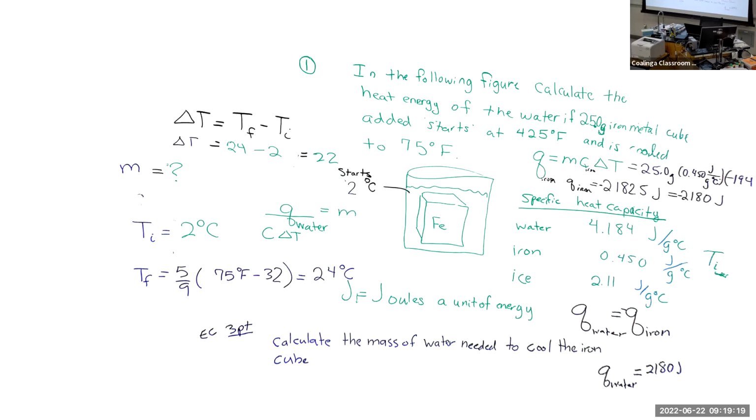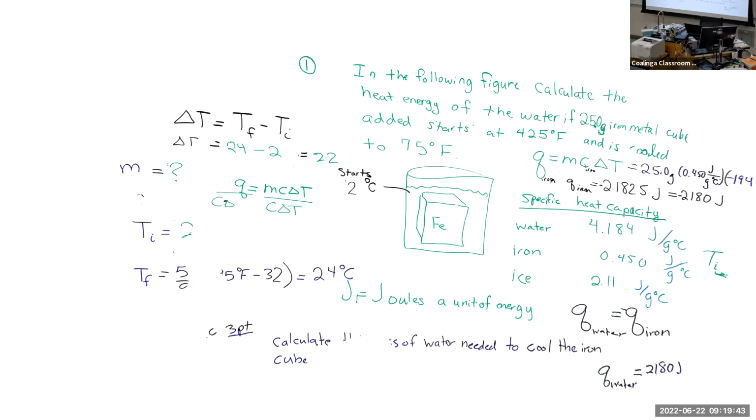You guys see where I just rearranged the equation? We have Q equals MC delta T. If I divide this side by C delta T, I have to do it to the other side.